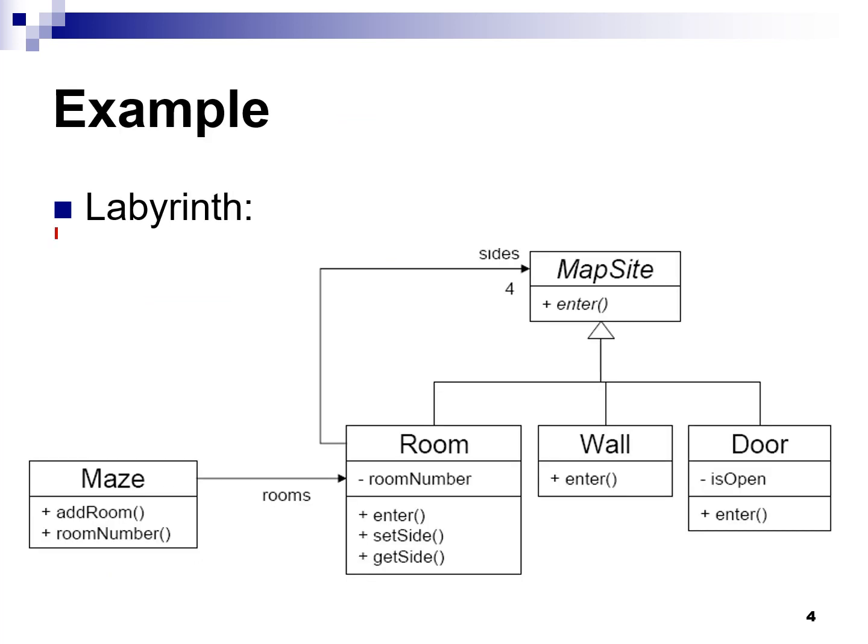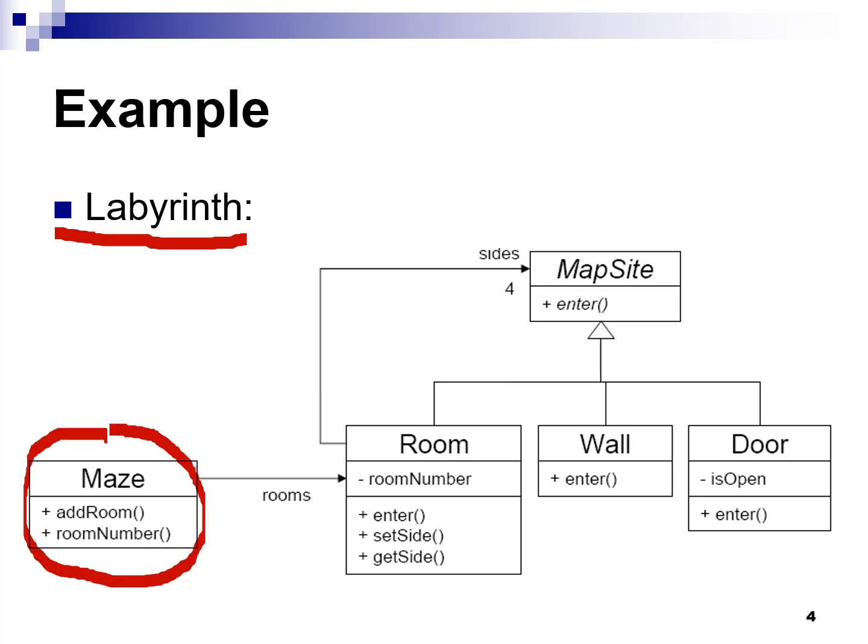Right. To explain the creational patterns, we will use this example of a labyrinth. The idea is to have a class maze here, which is made of rooms. And then a room has a room number and then is made of 4 sides.